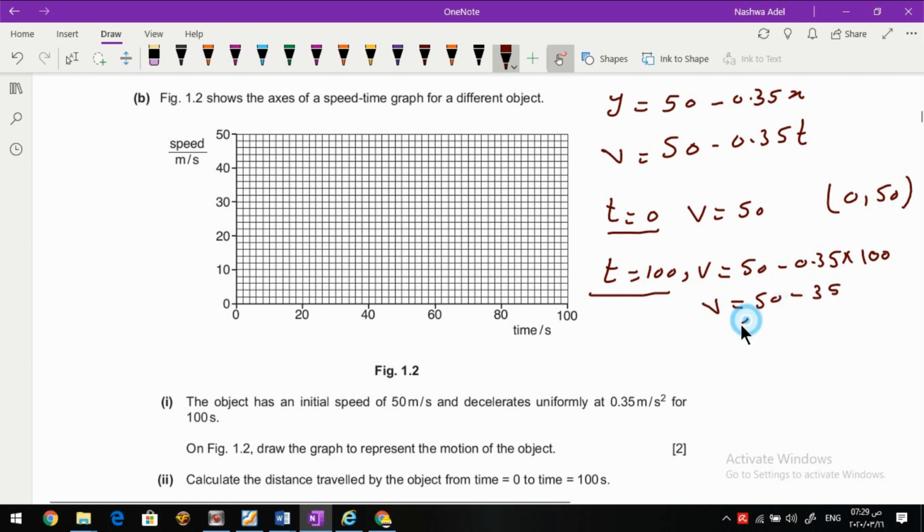We can get v to be 15 meters per second. So the next point is 100 and 15. The first point is 0 and 50, and the next point is 100 and 15. So we draw the straight line between these 2 points.